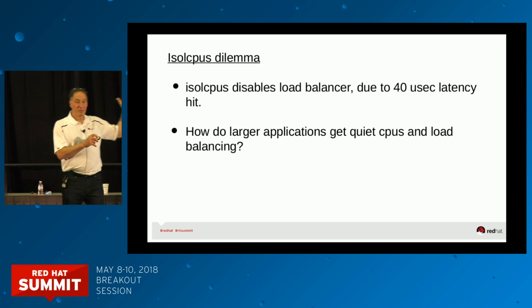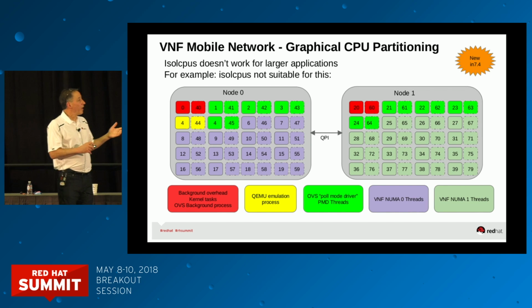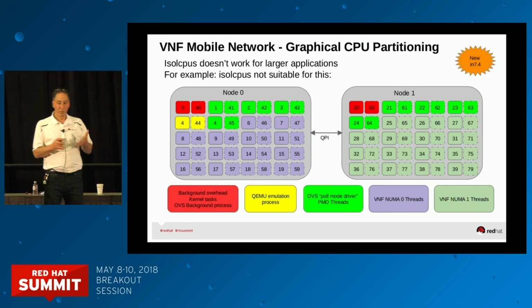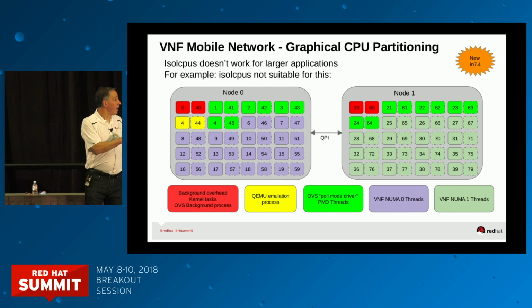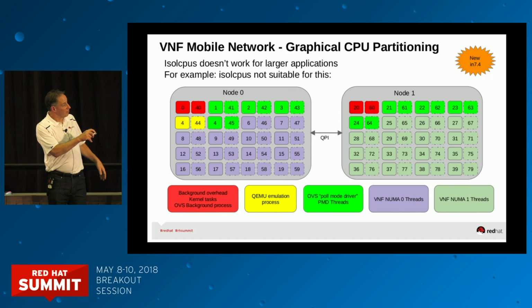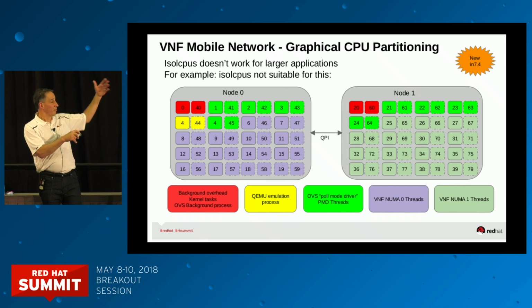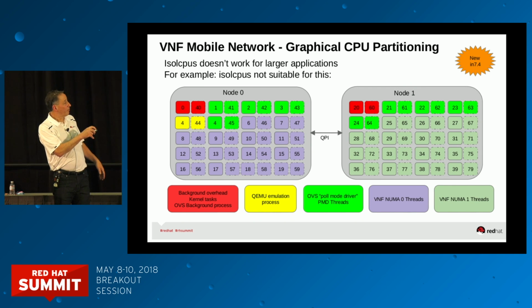So if you're an application that can pin your CPUs, great, but if you're a larger application, what do you do about it? We had this problem for OpenStack with virtual network functions. They said, look at this big chunk of green CPUs here and a big chunk of purple CPUs here, where the VNF NUMA threads are on each node. We have poll mode drivers in green.